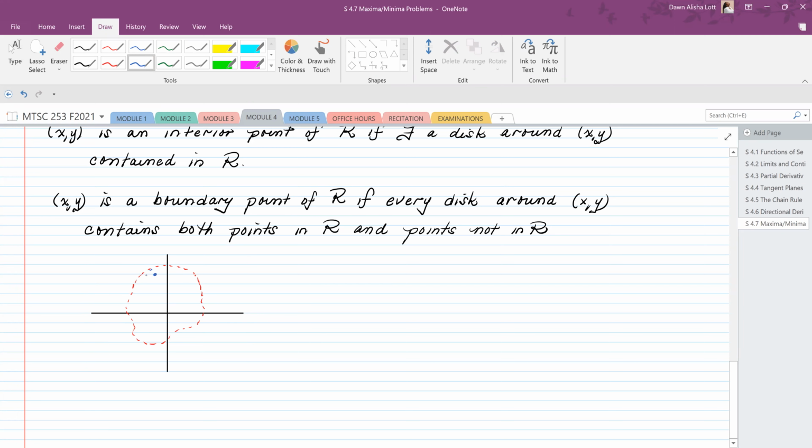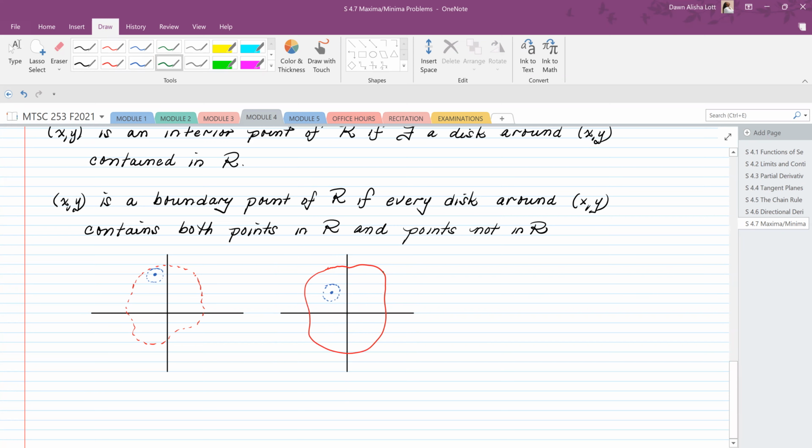I can get a disk going around it that's contained solely in R. So that's an interior point.